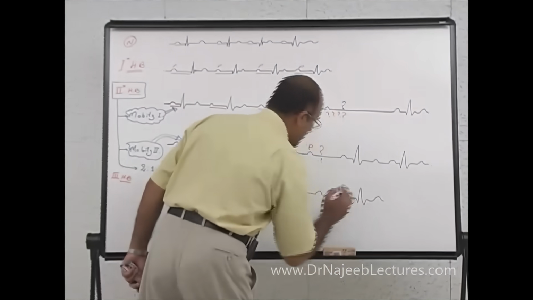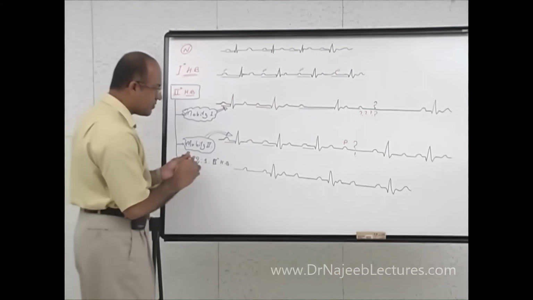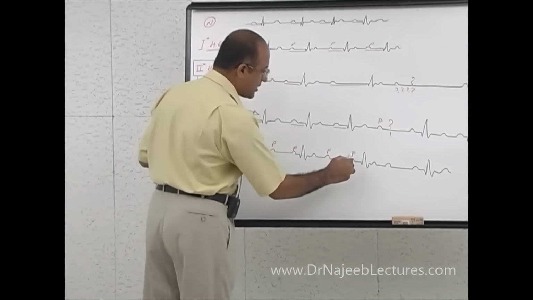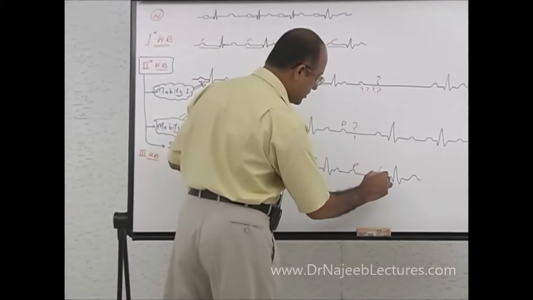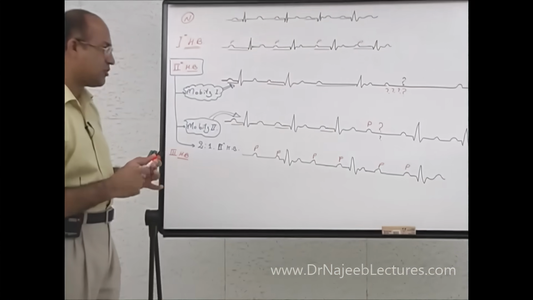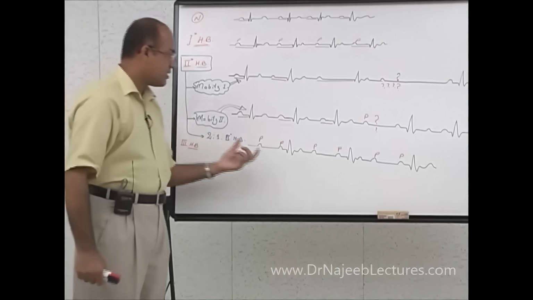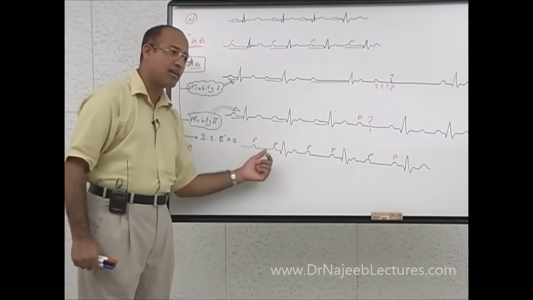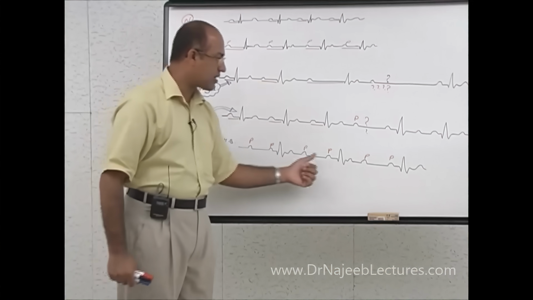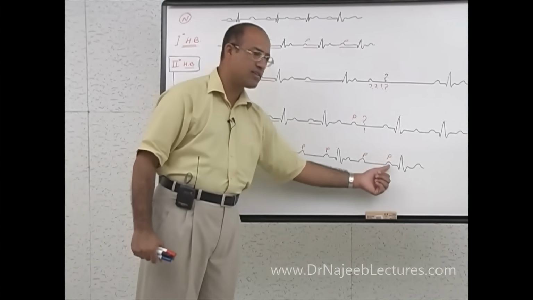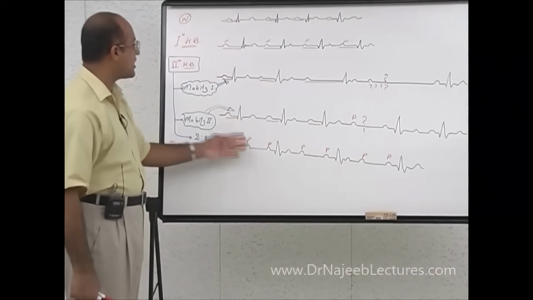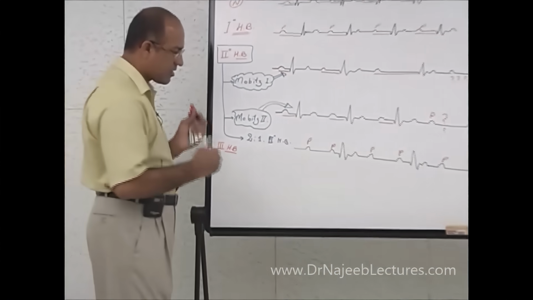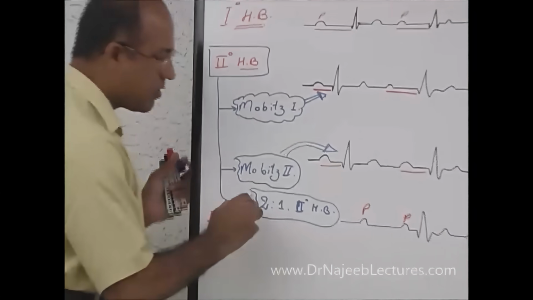For every 2 P waves, there is one QRS. What does it mean? Out of 2 P waves, only one is conducted. One is blocked, the next is conducted; one is blocked, the other is conducted. So it cannot be defined as Mobitz 1 or Mobitz 2, so they simply call it 2:1 second degree heart block.